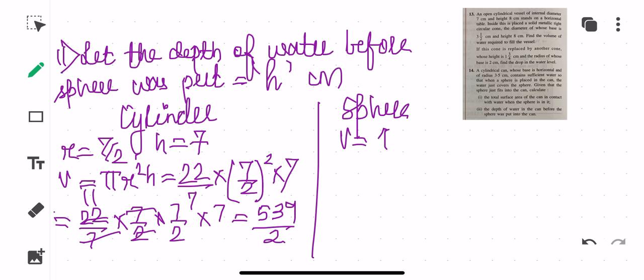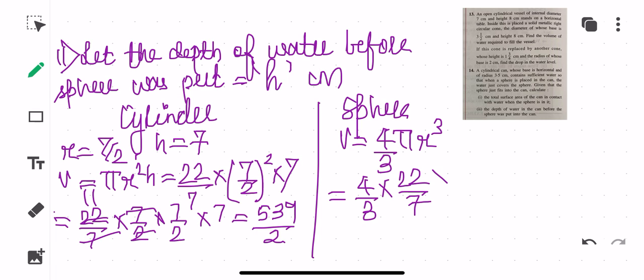Now I'll be calculating for the sphere. For the sphere, the formula is 4/3 pi into r cube. So this is equal to 4/3 into 22/7 into r cube. R we have calculated as 7/2, so 7/2 into 7/2 into 7/2.